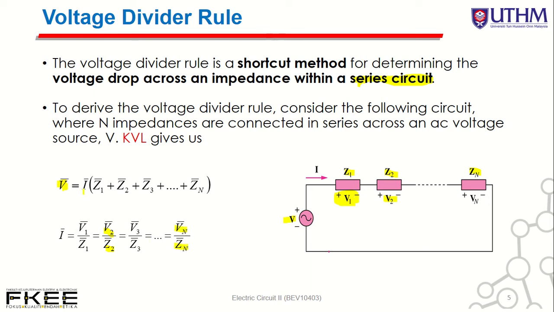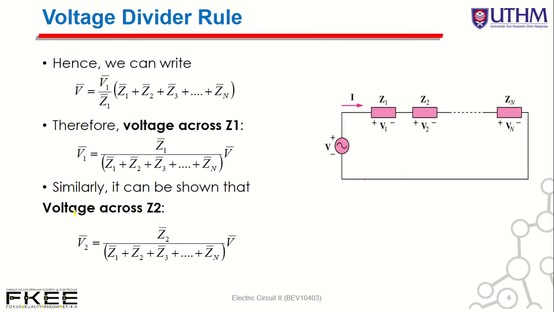We can replace I by this current, let's say V1 over Z1, to determine the voltage across Z1. So we have V equals V1 over Z1 times the total Z.